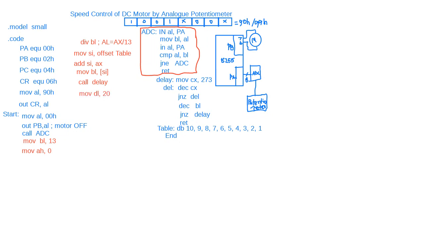And then sub dl, bl. So that means we will get the on time, which is in DL.